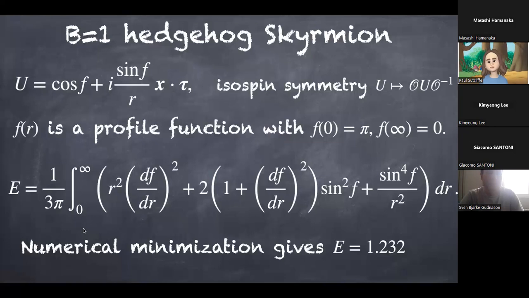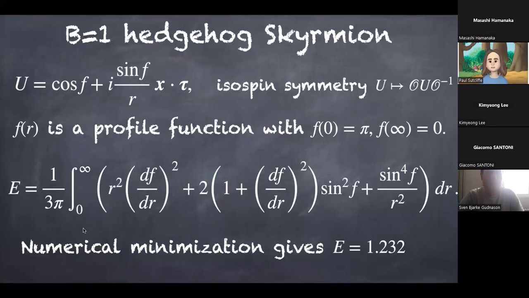So the skyrmion is centered at the origin where this profile function is pi, and you see that means that U is minus the identity matrix, which is as far as you can get from the vacuum. That's why this is the center of the skyrmion. And then f is a monotonically decreasing function that goes to 0 as you go off to infinity. So if f goes to 0, then U will go to the identity matrix, which is the right boundary condition.